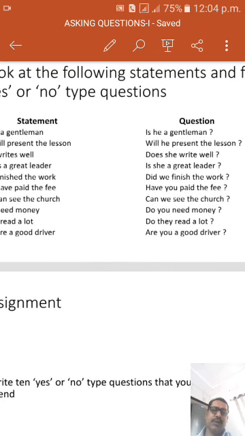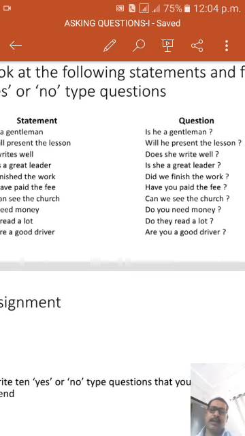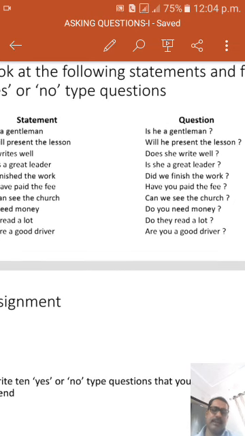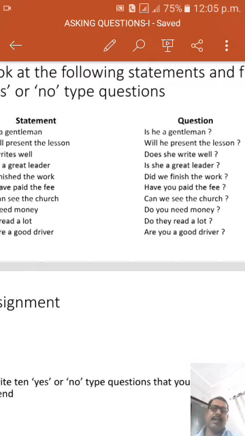Framing questions to the point in a simple, plain way is an art, and this art has to be learned with some knowledge of grammar, subject verb agreement, and word order. In yes or no type questions, the word order is verb plus subject. The verb comes first, then follows the subject. This has to be kept in mind.